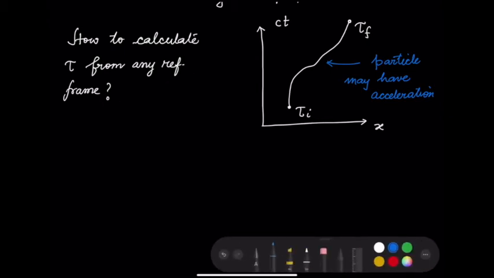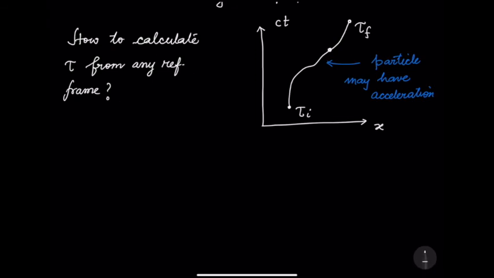Now, any point on this trajectory, as we are saying, is labeled by the proper time. So if I ask the question, how much is the infinitesimal space-time distance along this trajectory, you will tell me that ds square is g alpha beta dx alpha dx beta.